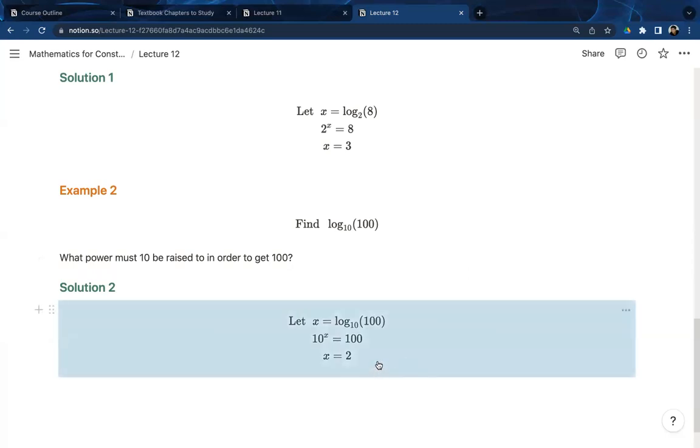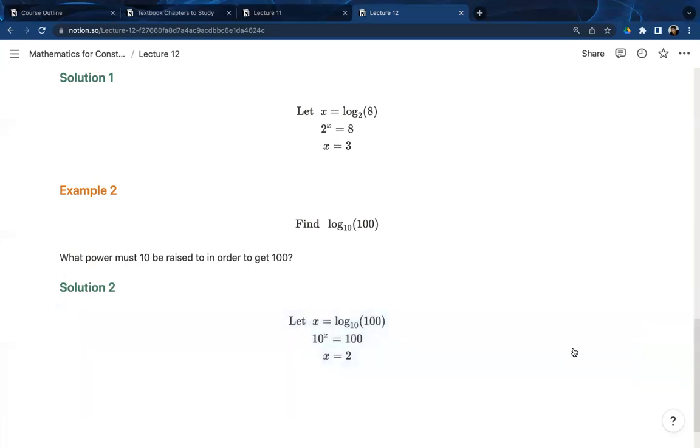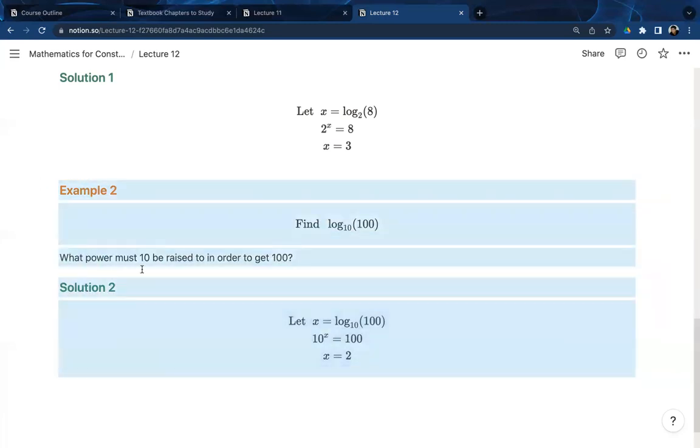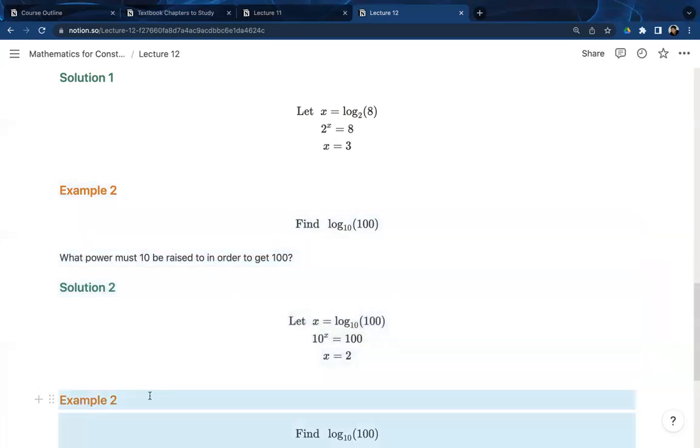It's like log 10 of 100. 10 is the base, so he's asking me what is the power that I have to raise 10 to in order to get 100. That's not so bad. You know? Not so bad.